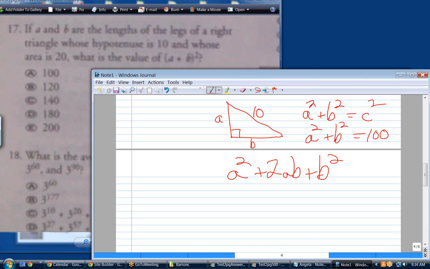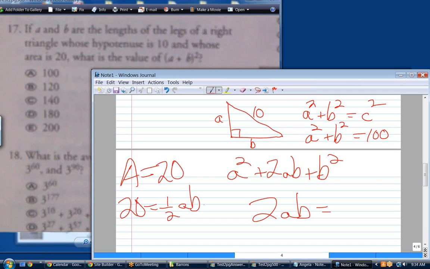So it's obviously going to be 100 plus 2ab. Well, what is 2ab equal to? First of all, the area of this triangle is 20. Area equals 20. 20 equals 1/2 ab.